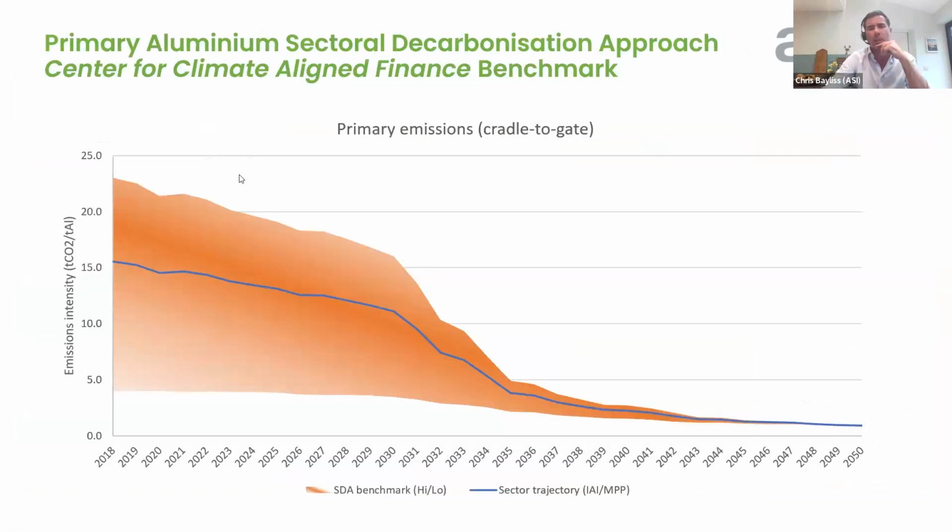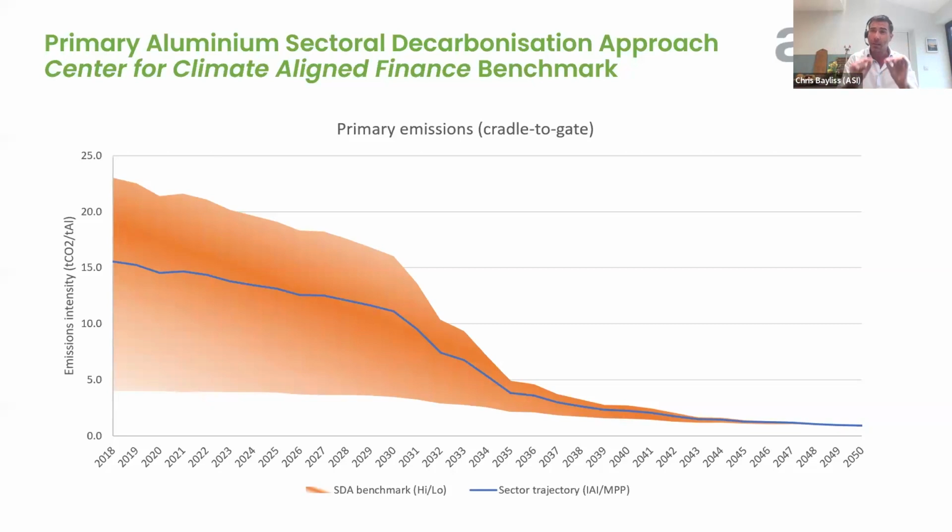I think I've showed this slide before. You may be familiar with it. This shows in the blue line the sector emissions intensity for primary aluminium production, cradle to gate, measured at the smelter cast house output, global average, under a 1.5 degree scenario.